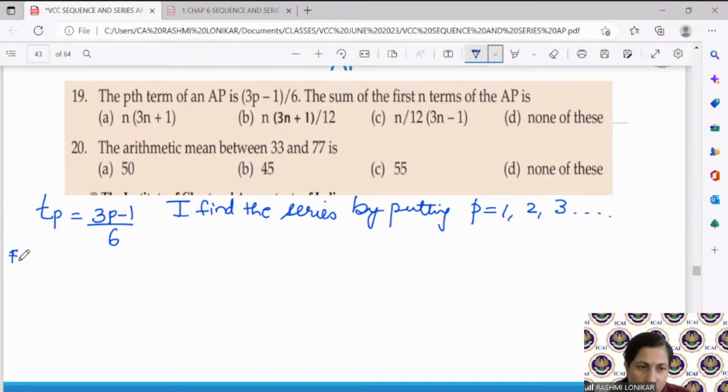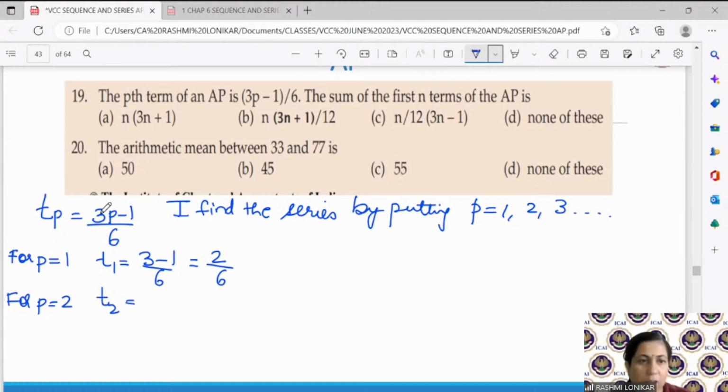For P is equal to 1, T1 will be equal to (3 into 1 minus 1) upon 6, which is equal to 2 by 6. For P is equal to 2, T2 is equal to (3 2s are 6, 6 minus 1) upon 6, which is equal to 5 by 6. For P is equal to 3, T3 is equal to (3 3s are 9, 9 minus 1) upon 6, which is equal to 8 upon 6.